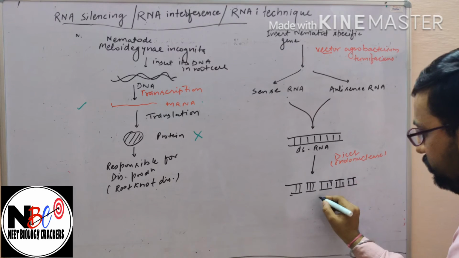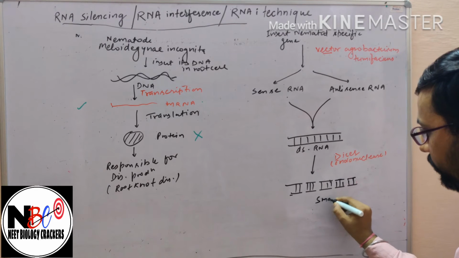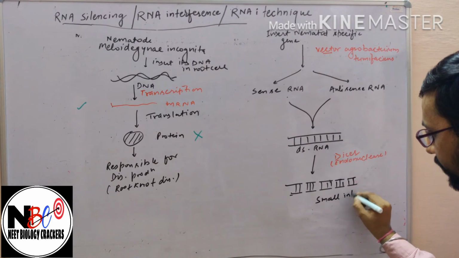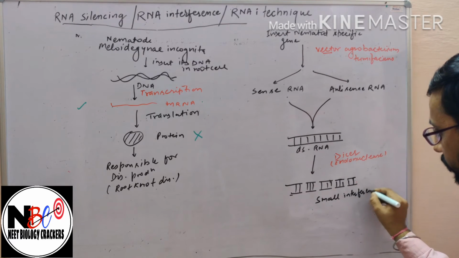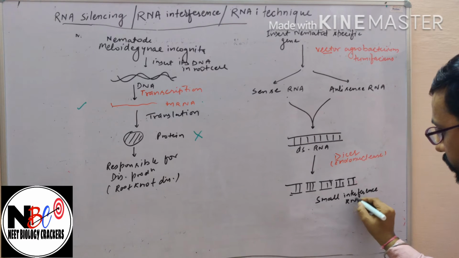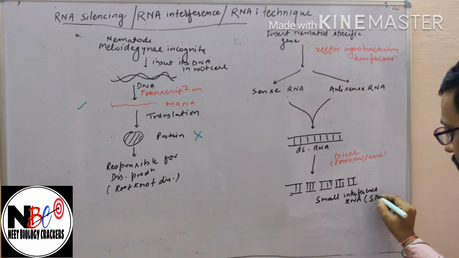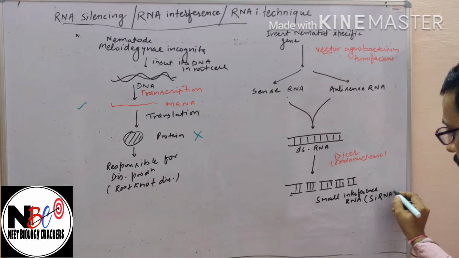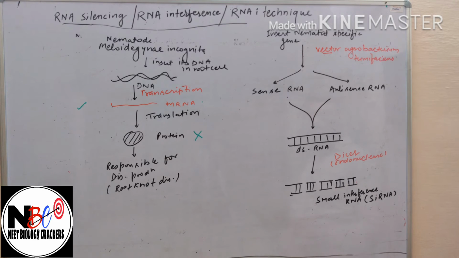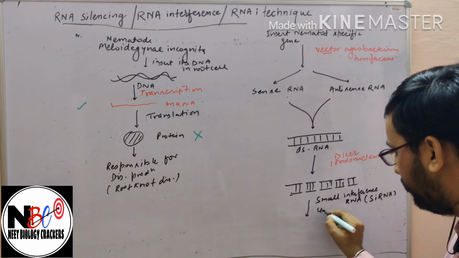It is called small interfering RNA or siRNA. Now proteins are attached on it, and these proteins unwind them.